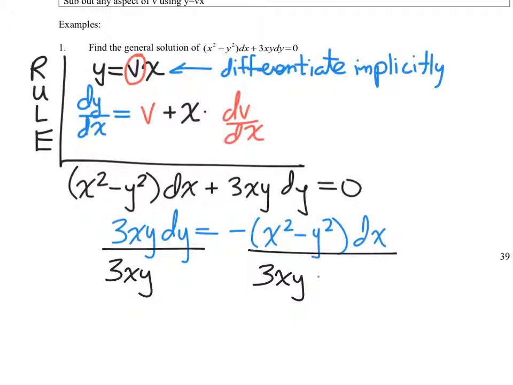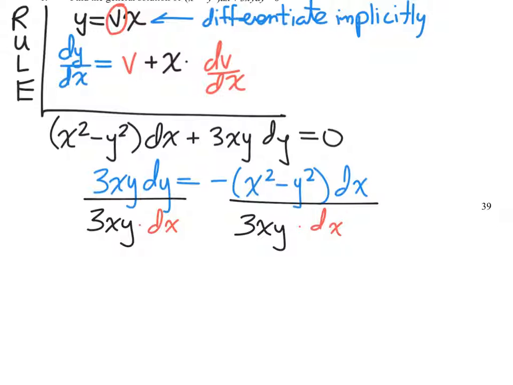And then I'm also dividing by dx. So I'm looking at dy dx is equal to, well, I'm going to clean it up a little bit. Instead of negative parentheses x squared minus y squared, let's make it y squared minus x squared over 3xy.